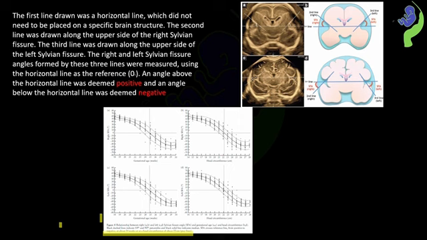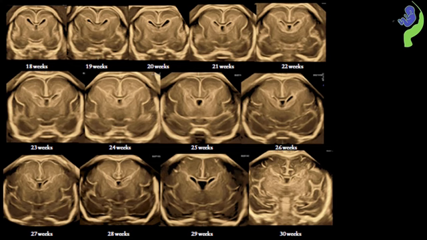This picture shows the sequential development of the Sylvian fissure from 18 to 33 weeks of gestation. Another important advantage of this coronal view is that it allows simultaneous visualization of both Sylvian fissures. This helps in identifying both the sides, and we can have a direct comparison between the both sides.